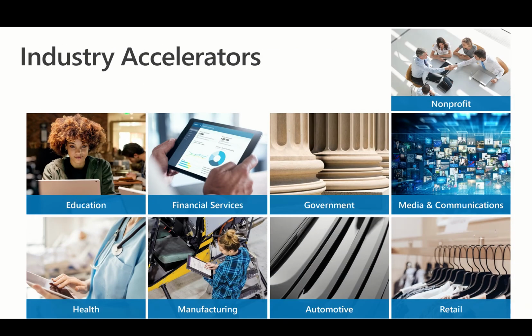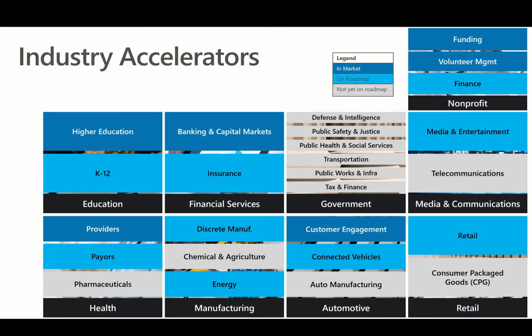The different accelerators that are available today on the market or are about to be available on the market span multiple industries. But of course, my focus, and I'm thrilled to be leading the effort, is around media and communications. But all of these industry accelerators focus in different areas and different themes. If you break that down a little bit, you'll see across different industries, there's lots of different ways that the accelerator programs have taken on a different theme to really give you a subset of capability.